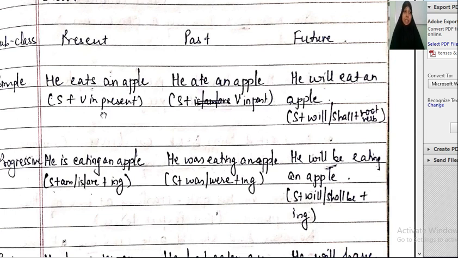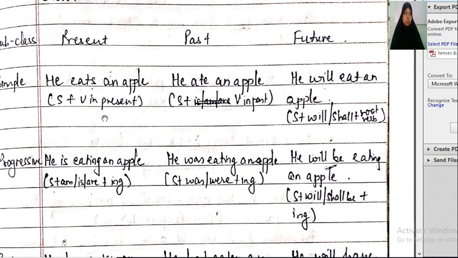Now this simple present tense is also used to express a habitual action. Another example, like he reads the newspaper every day, or you can say they wake up early in the morning.